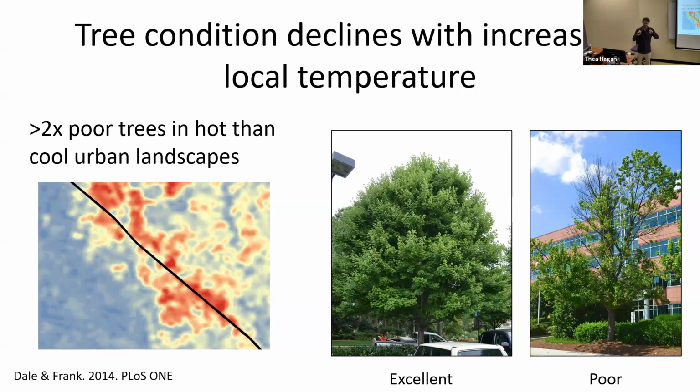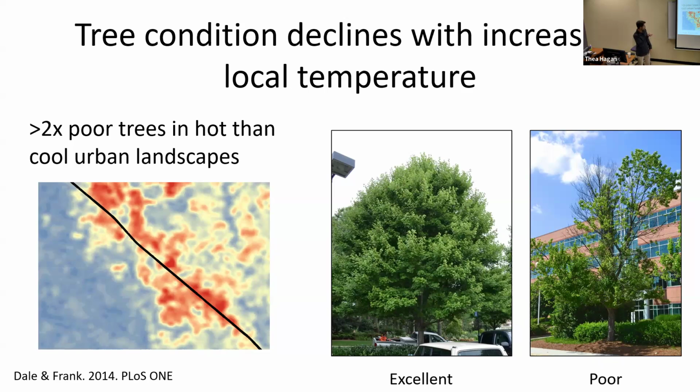Lots of metrics went into quantifying those conditions, but what we found is that hot sites where there were more scale insects had about twice as many trees in poor condition, and cool sites with fewer scales had about twice as many trees in excellent condition than poor condition. So there are tree health outcomes linked to these environmental changes.